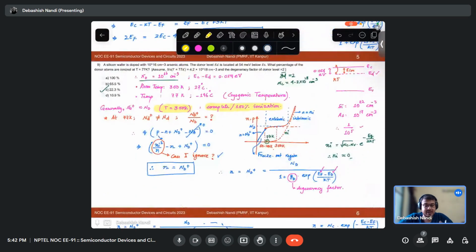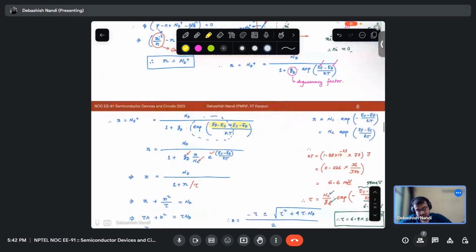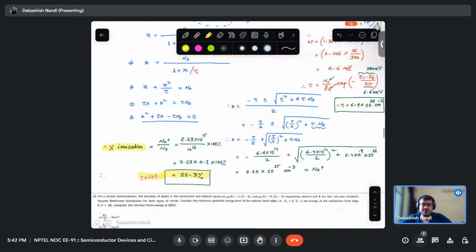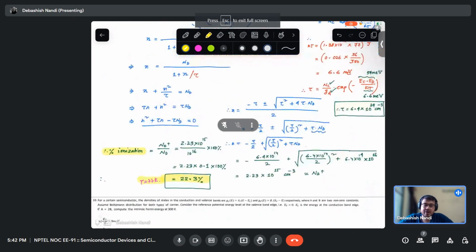Go through the step by step derivation, make cases yourselves. Suppose you take some arsenic atoms, some boron atoms, combine them and check, make cases and solve it by yourself. So this is how this problem is solved.